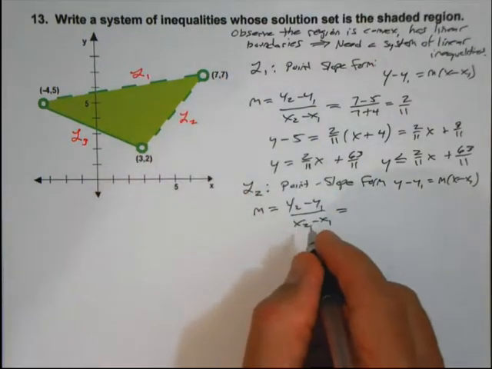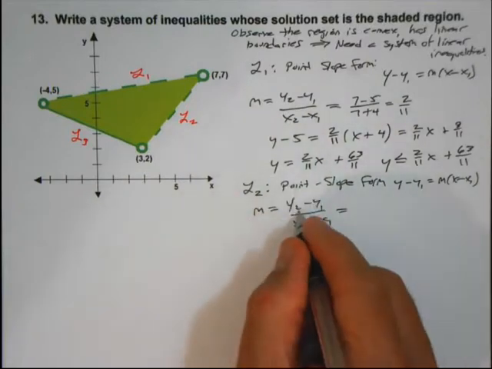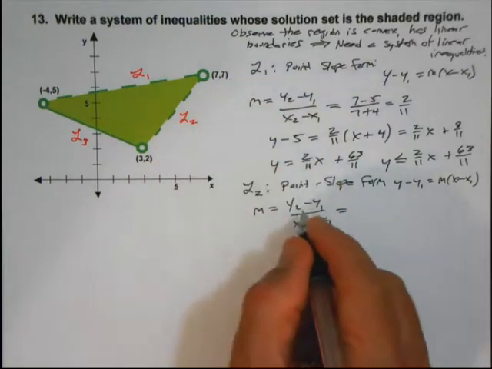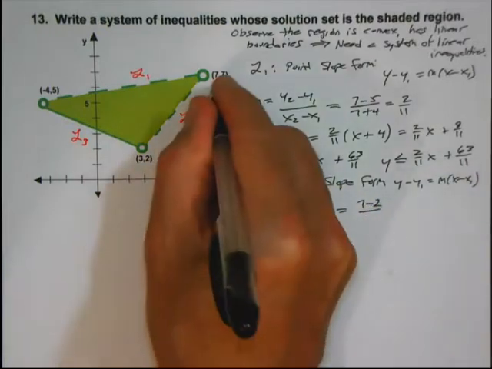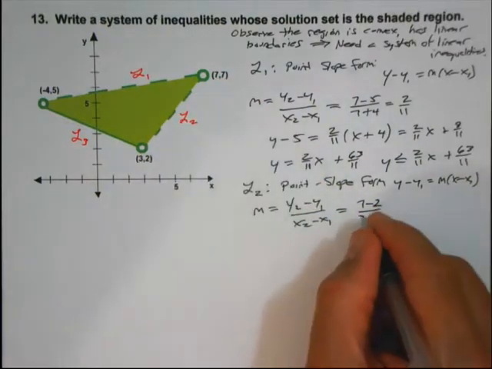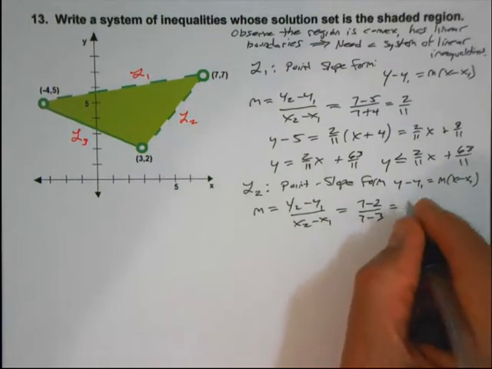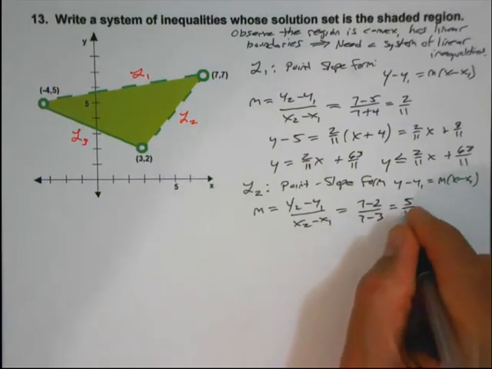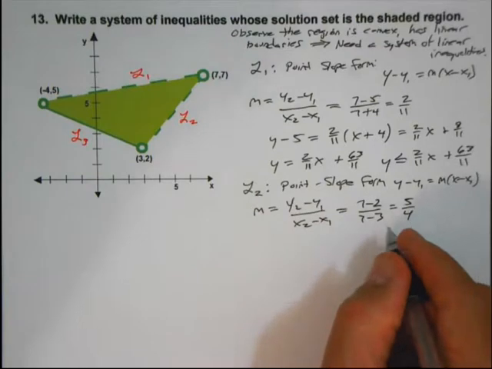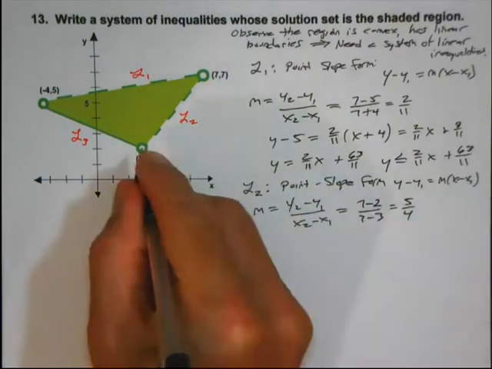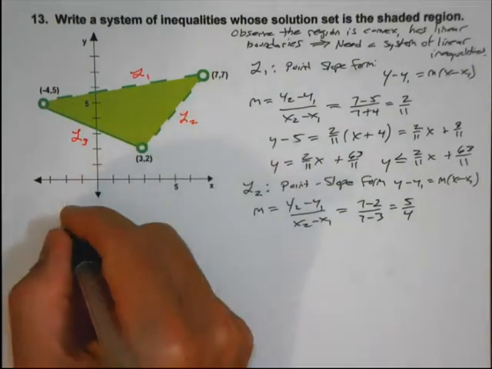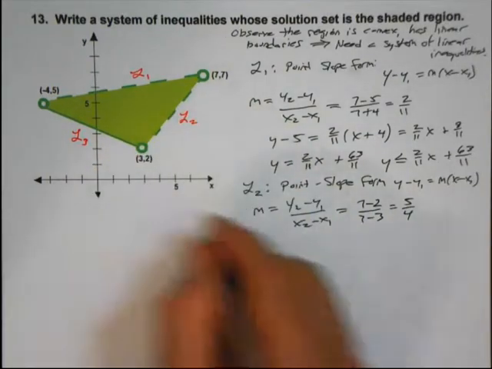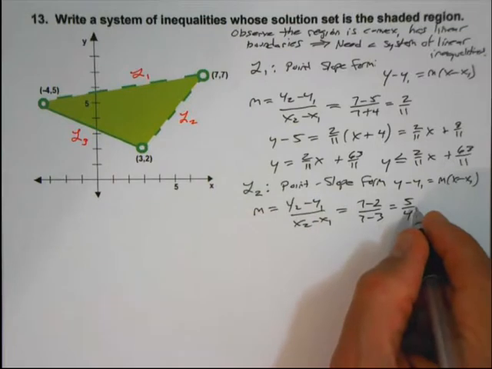Okay, so in this case, 7 minus 2 over 7 minus 3, 5/4. Okay, let's look for a graphic consistency. Remember the perfectly diagonal line, 45 degrees, that has a slope of 1. 5/4 is a bit more than 1.